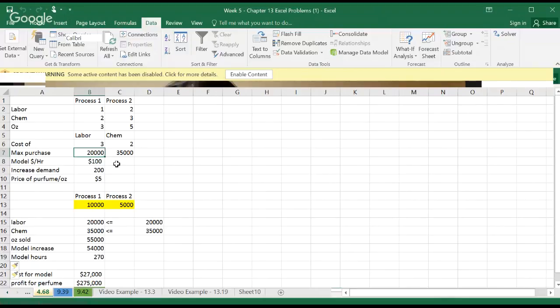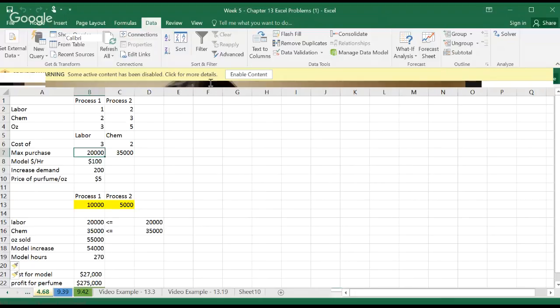It does not matter whether we use the labor for the fixed rate. So we actually already have that calculated. We'll go back and fix that in a minute. All right, so the cost of chemicals is $2 per chemical.